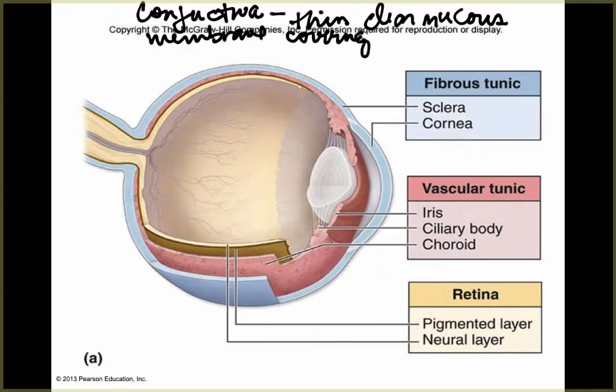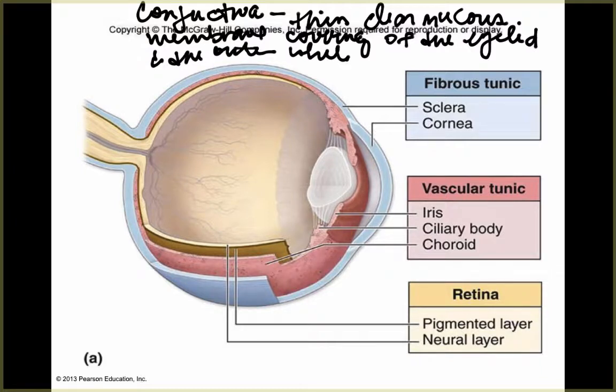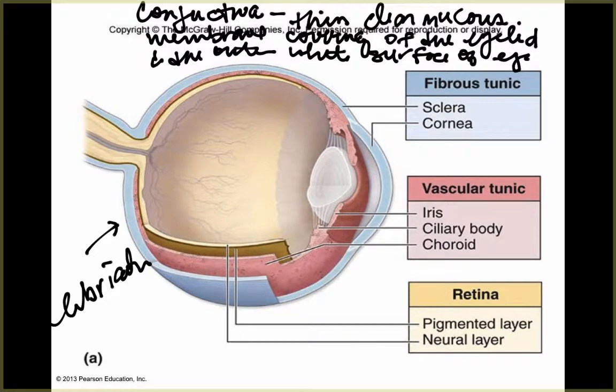So this is the outermost covering of the eyelid and the outer white surface of the eye. So when we're talking about this, it's going to be towards the very outside, and it helps to provide lubrication. So that's different. We're about to get into these different areas right here. So that would be on the very, very outside of the eye.